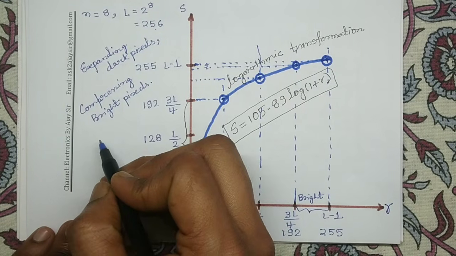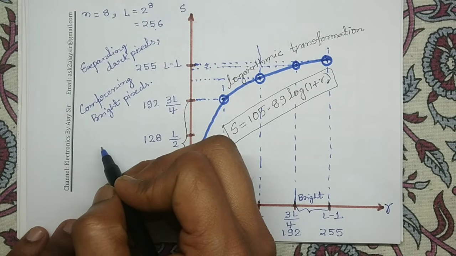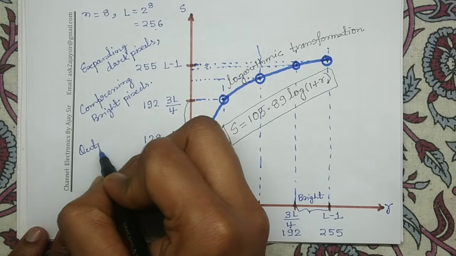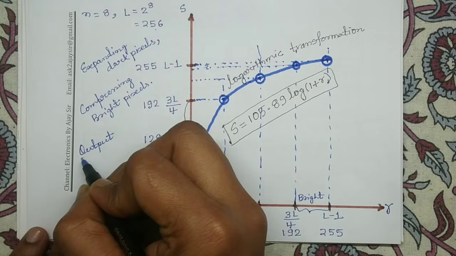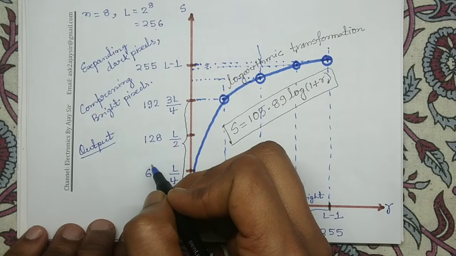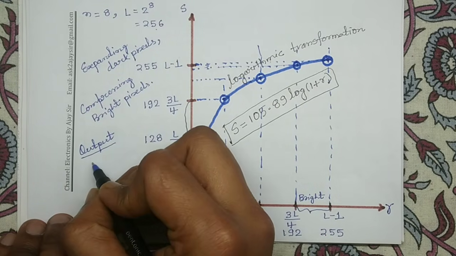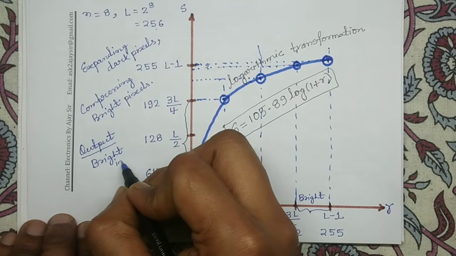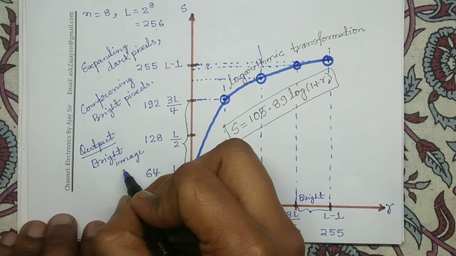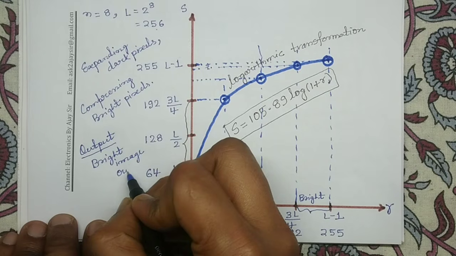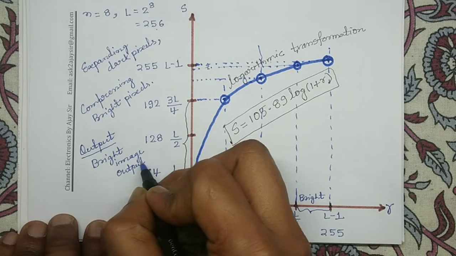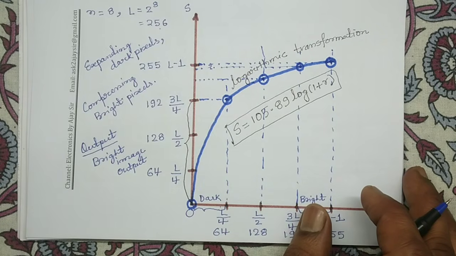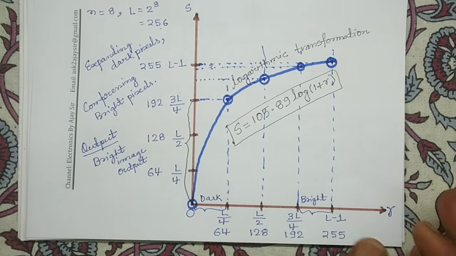So since we are expanding the dark pixels, after performing the logarithmic transformation on a digital input image, in output we will get a brighter image. In other words, after performing the logarithmic transformation, our output image becomes brighter.